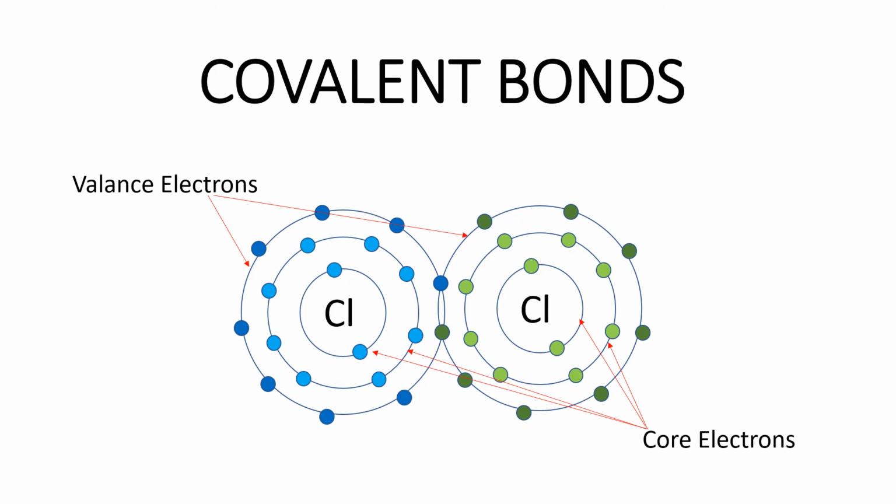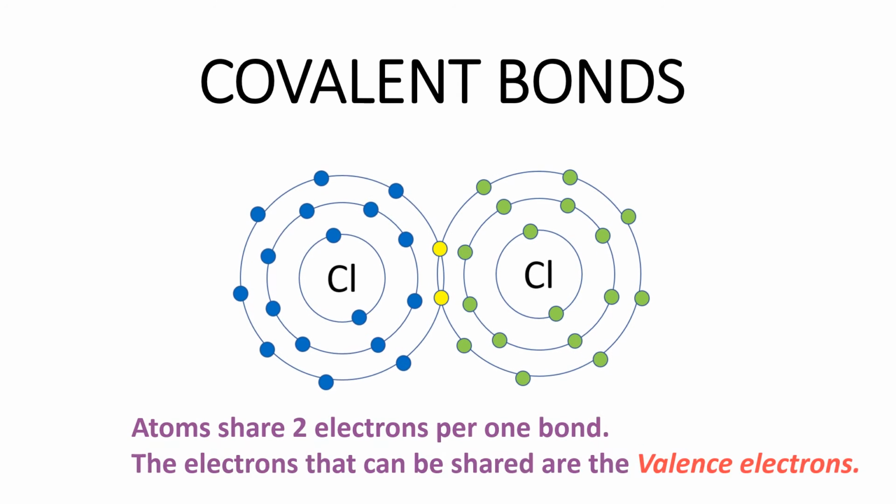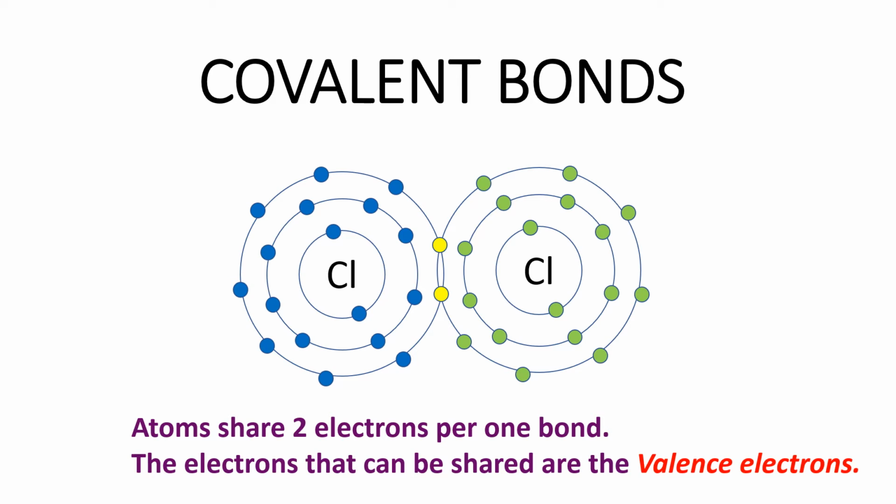For a single covalent bond, two atoms share two electrons together. These two electrons are shared between the two chlorine atoms to form a covalent bond. Again, I will mention that these atoms share two electrons per bond to form a covalent bond, and the electrons that can be shared are the valence electrons.